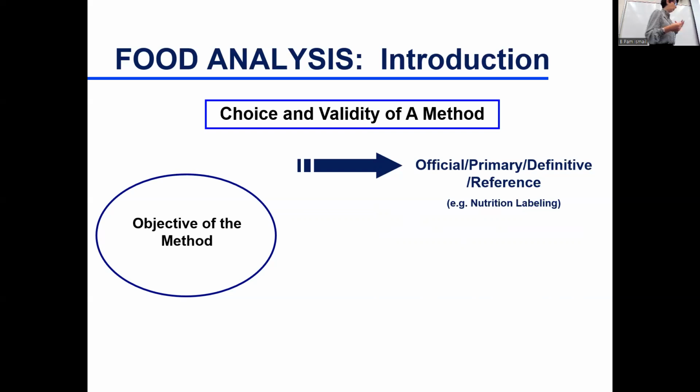It used to be called the Association of Analytical Chemists. It got changed to Association of Agricultural Chemists, but it still has the same AOAC. Not AOAC. AOCS is the American Oil Chemists' Society. Let me write this down.